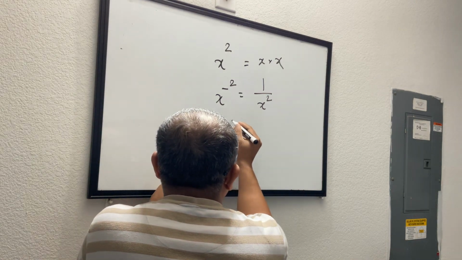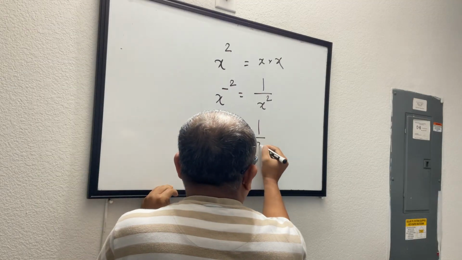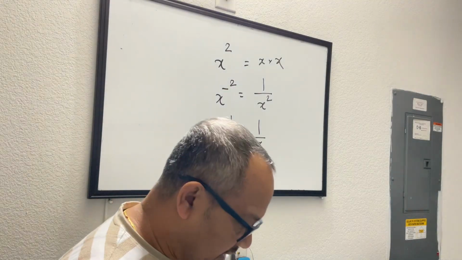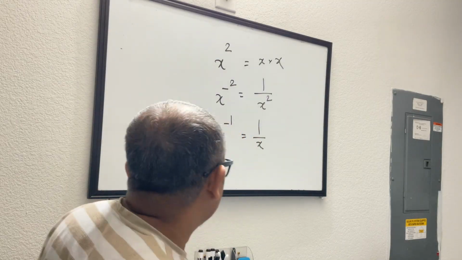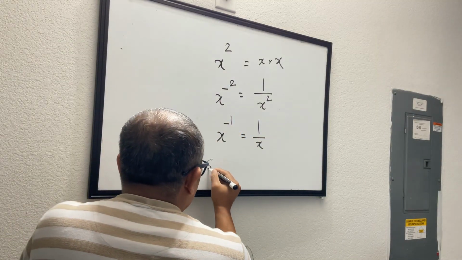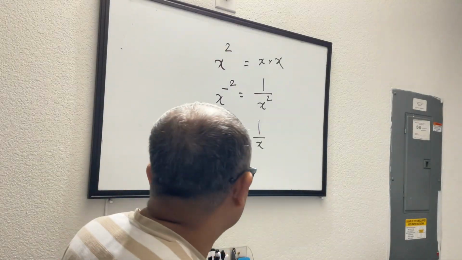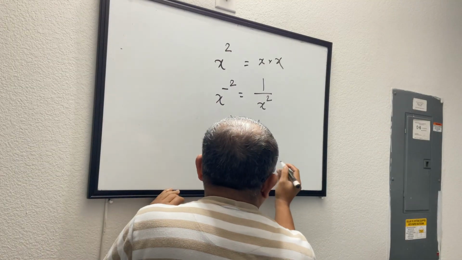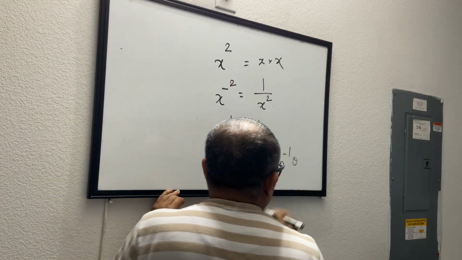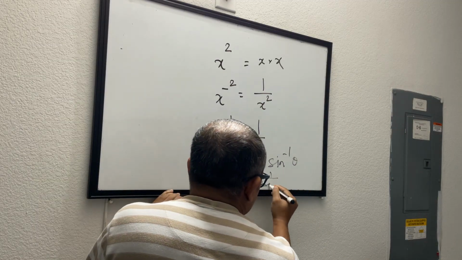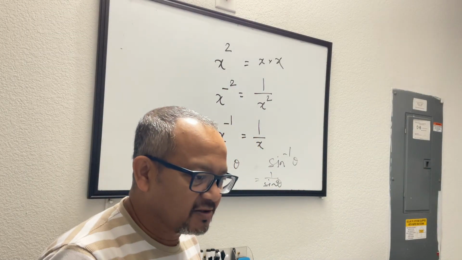So if you have x to the power minus 1, this becomes nothing but 1 over x. But in case of trigonometry, let's say if I'm talking about sine theta, it has some value. If I say sine inverse of theta, it doesn't mean 1 over sine theta. It means something different in trigonometry world.